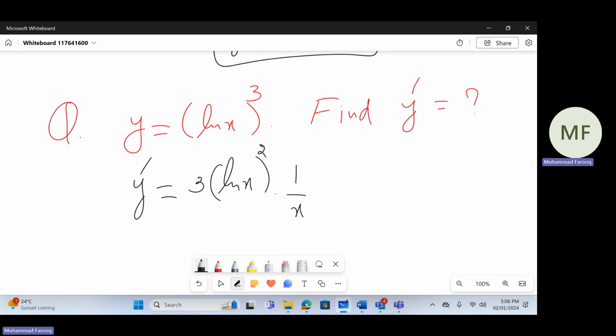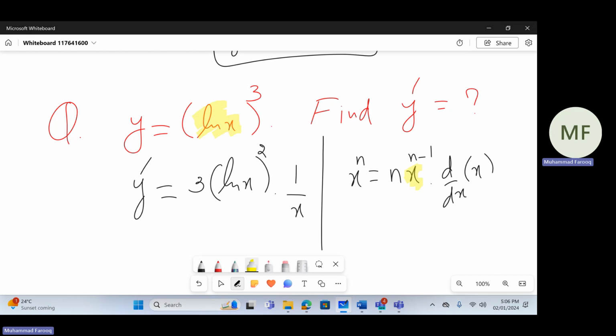How did we get the 1 over x? Look, I have the chain rule: n x to the n minus 1 times the derivative of x. Here x means the base function, and right now our base function is ln(x). So at the end you need its derivative.